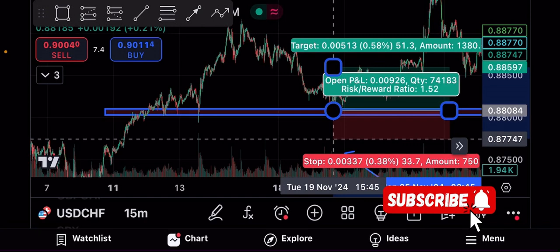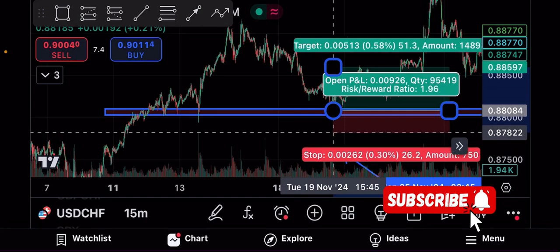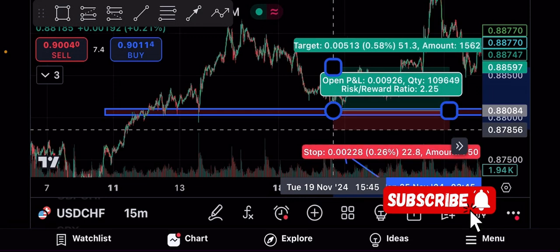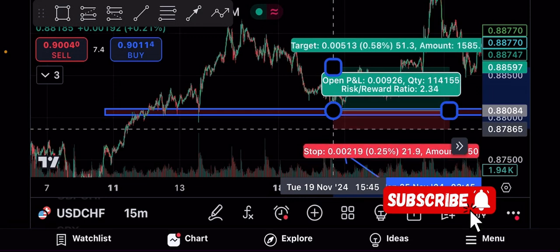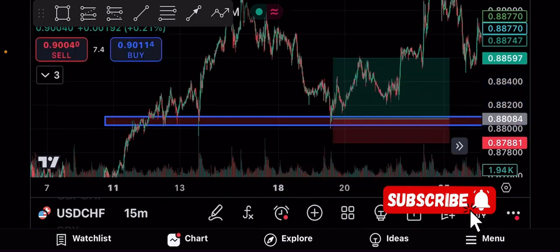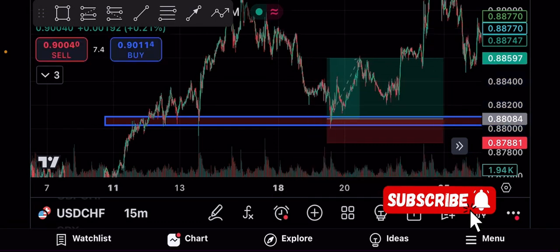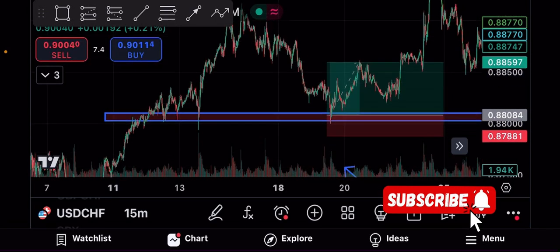You check how many pips you are risking.